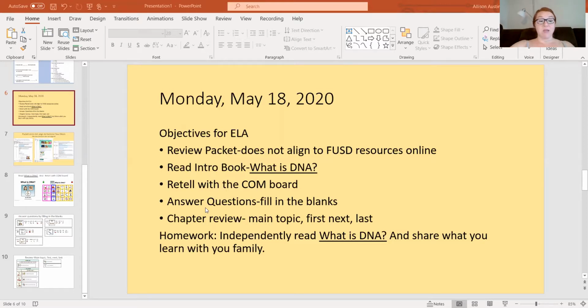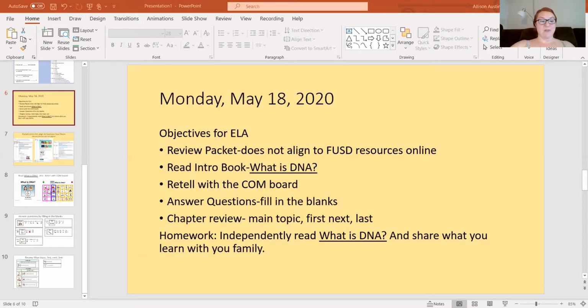And then we are going to do retelling the main topic of the story, telling what happened first, next, and last. And then your homework is going to be to reread the story a couple times and teach someone in your family, whether it's your dog, your cat, your mom, your dad, your grandma, whoever you're at home with. You're going to teach them something about what you learned today about DNA.